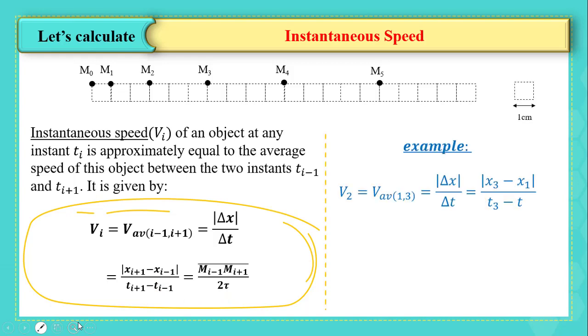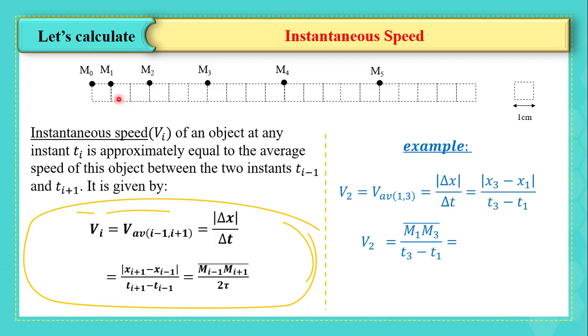Let's take the following example. To calculate the instantaneous speed at the instant 2, it is simply equal to the average speed for the instants just before it and just after it, which are the instants 1 and 3. Then V2 is equal to the absolute value of delta x divided by delta t, which is equal to the absolute value of x3 minus x1 divided by t3 minus t1.